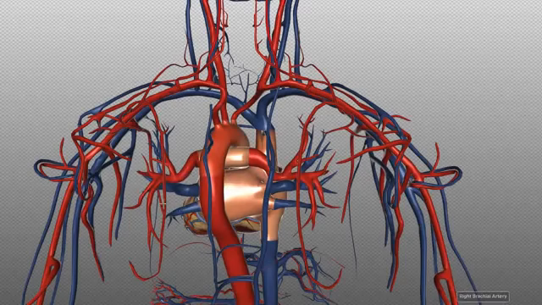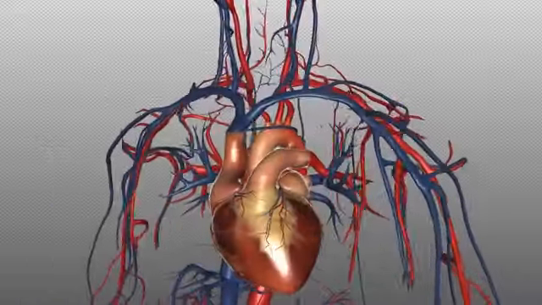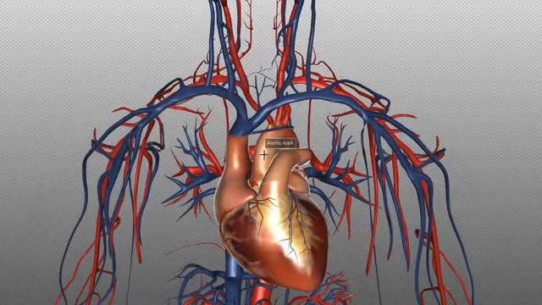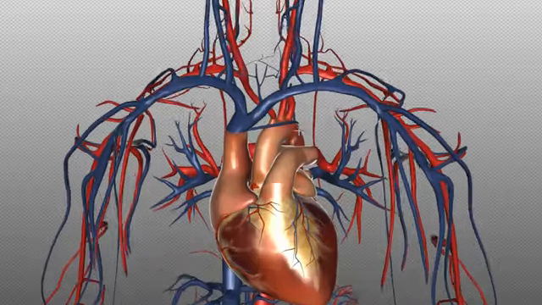So next we've got the aorta. So this is this vessel here which leads out of the left side of the heart, the left ventricle. So it arches over the pulmonary arteries here, and it's got several branches. Well, 3 as you can see.